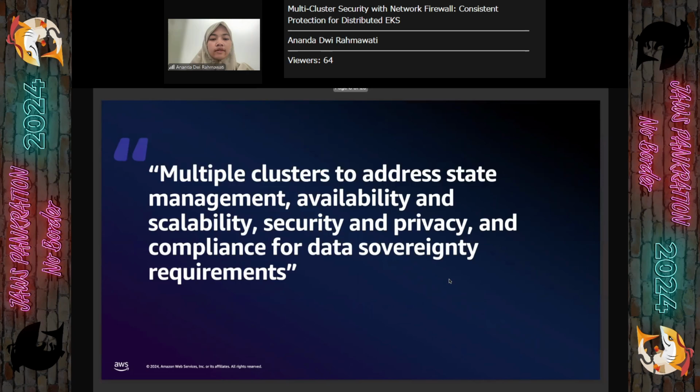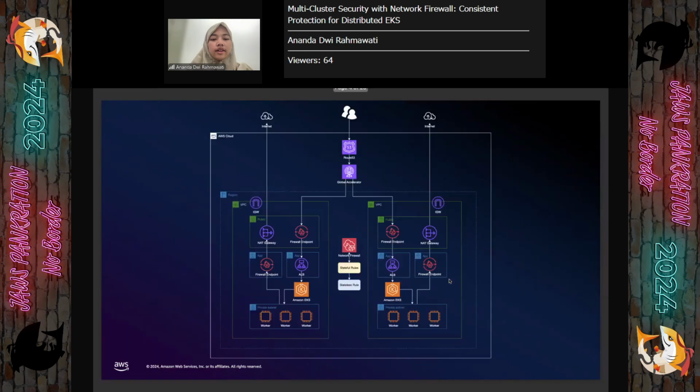I mean, for example, in this diagram, we may need to limit our traffic for incoming and outgoing through the internet. But how about the traffic between two separate clusters? Those clusters we put in private subnet, right?